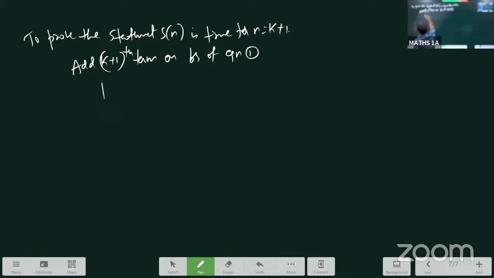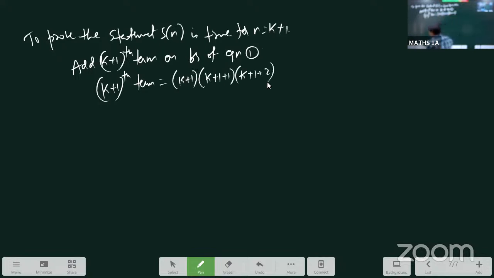So how to get that k plus 1th term? Instead of n, you put k plus 1 in your nth term. So what was that nth term? It was n into n plus 1 into n plus 2. So k plus 1, k plus 1 plus 1, k plus 1 plus 2.